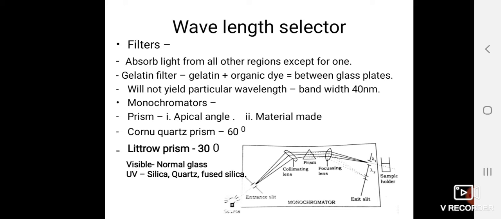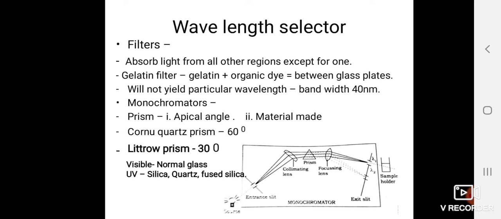People use prisms, and these prisms give light of a more specific range of wavelengths, with a smaller number of wavelengths. It depends upon the apical angle and material used.